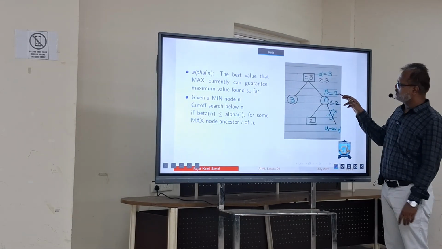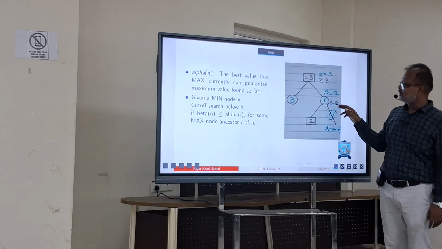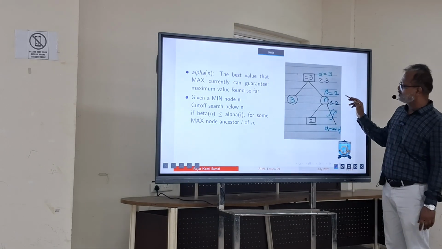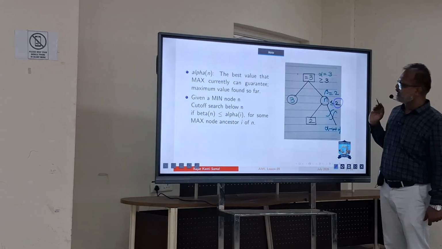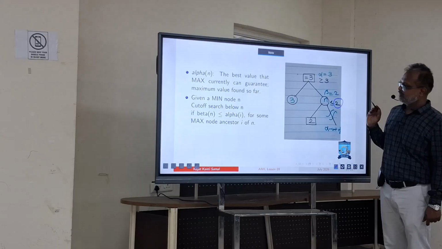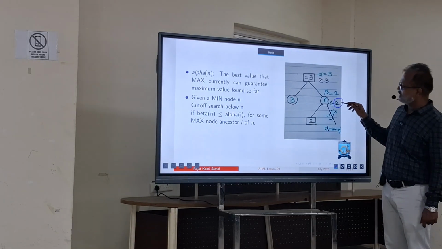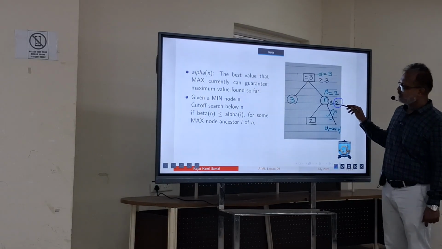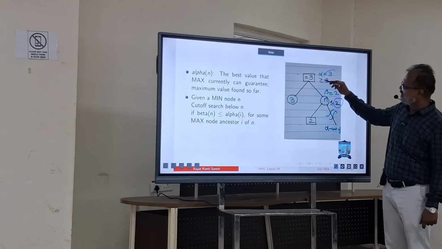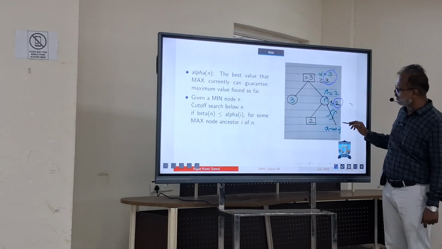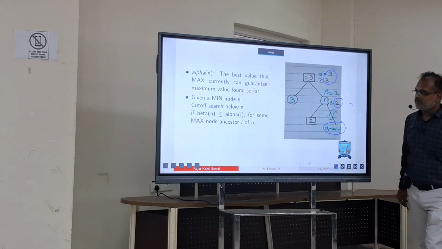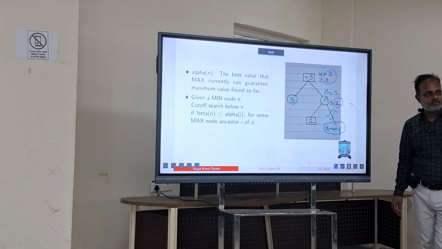Minimum value that the mean node, which is in this case 2. Okay. So if the beta, which is 2, is less than alpha, which is this max value, then we can cut this off. So this is alpha cutoff.